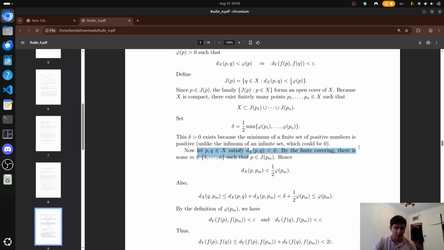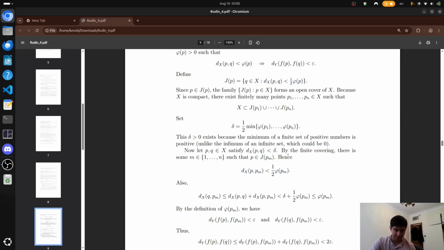By the finite covering, there is some m in 1 to n such that p is in J(pm). Because it's covered, at least one of them will have p. So d_X(p, pm) is less than 1/2 phi pm, because that's the definition of the J sets.